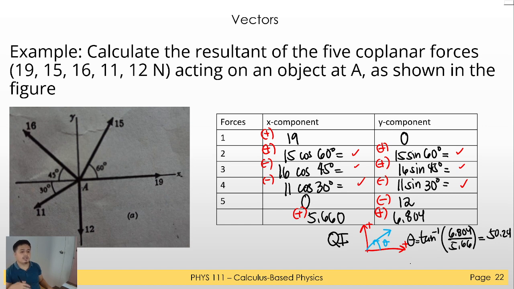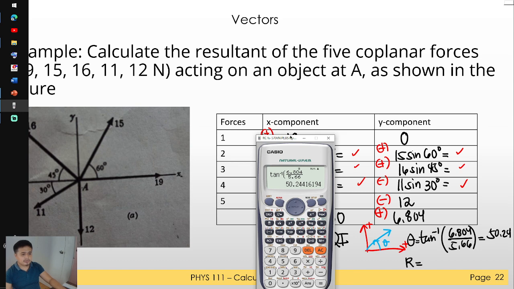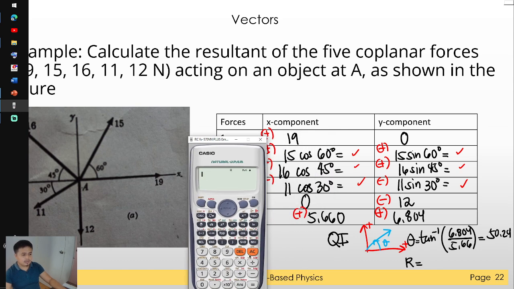And then for the magnitude of this resultant vector, that is equal to the square root of this and this. So I will do this directly, guys. We have here the square root of 5.66 squared plus 6.804 squared.